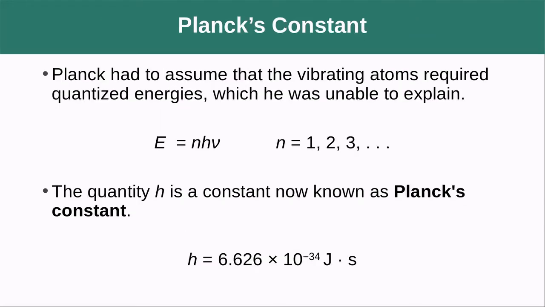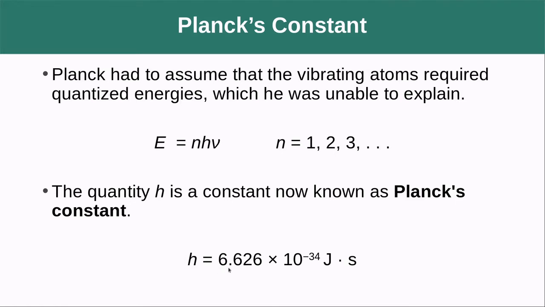What Planck did that was so revolutionary is that he developed a theory that related the energy of these vibrating atoms to the frequency. And he said that the energy has to be equal to n, where n is 1, 2, 3, or 4, or something, times some constant, which is known as the Planck constant now.